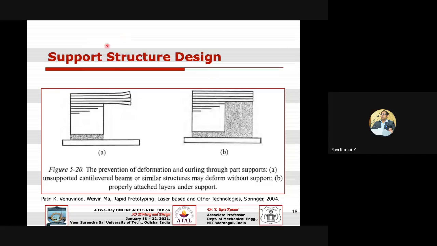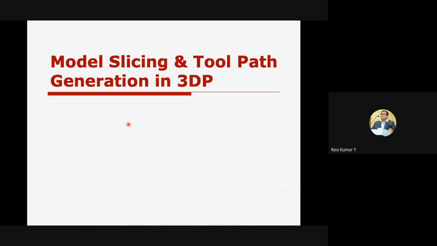One can understand the behavior or the physics of the particular technology you are going to use, and that also influences a lot about the support structure. And of course, we need to do slicing, the model slicing.